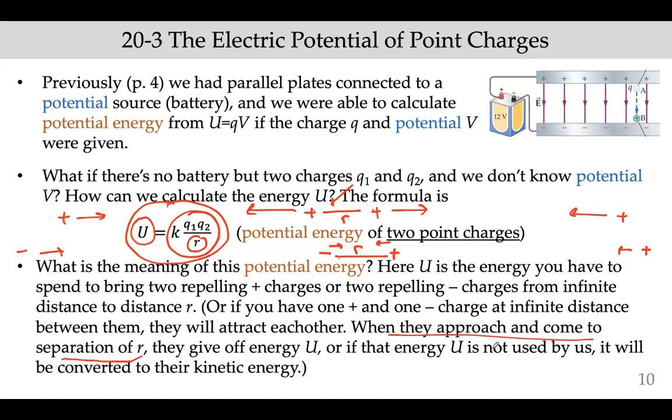You can use that energy, or if you don't, it will be converted to their kinetic energy. Then they would have some speeds. So that's the meaning of this potential energy of two point charges.